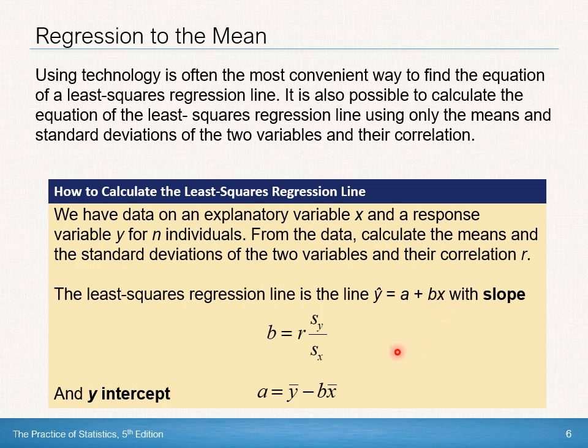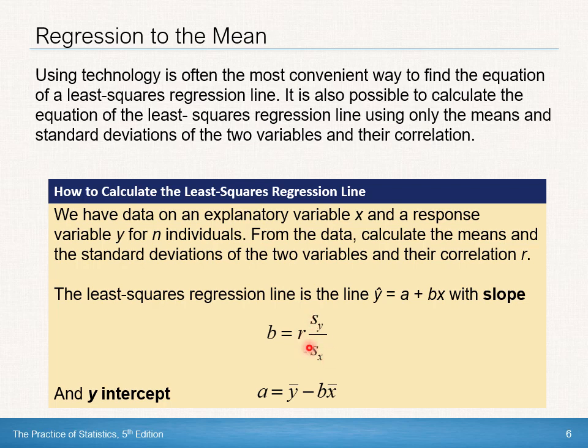We can find a and b using our calculator if we have the data, but we can also find them if we know s sub y, the standard deviation of the response variable, and the standard deviation of the x, or explanatory variable, and we know the correlation coefficient r.